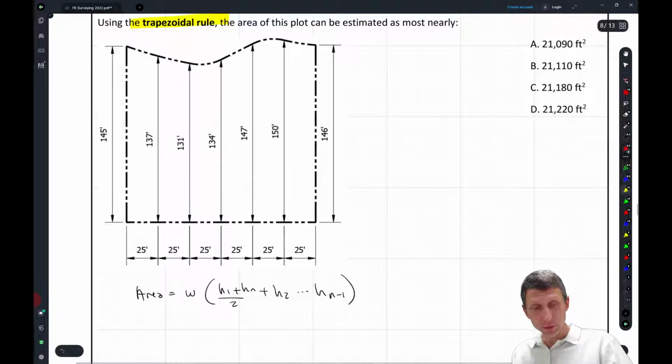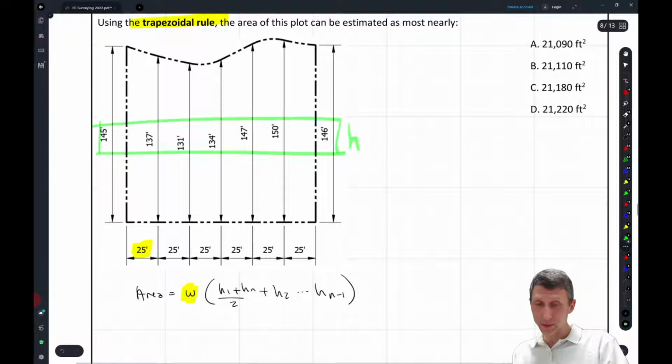Hopefully it's pretty obvious that this W here is 25, and the heights are going to be these different values here. These are going to be our h's. So where do you start? I'm going to start with 1, 2, 3, 4, 5, 6, 7.